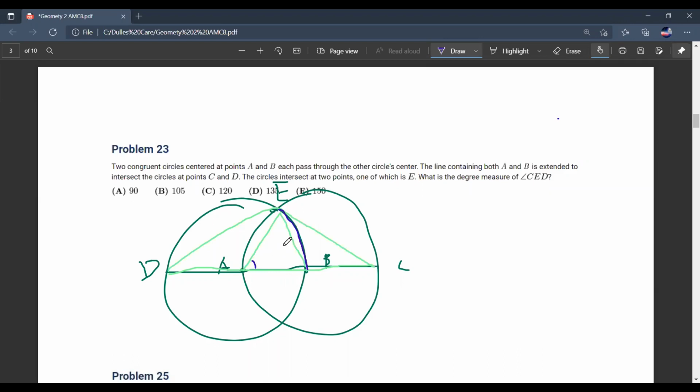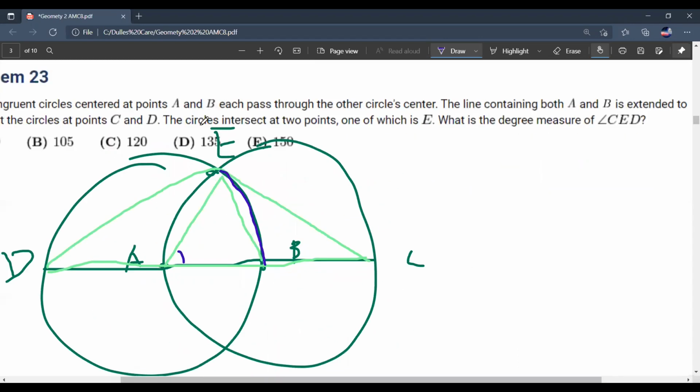So it might be confusing, so think of it like this. Let me redraw this using only this. We have a point A right here.